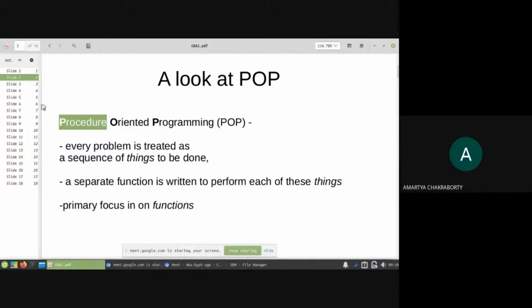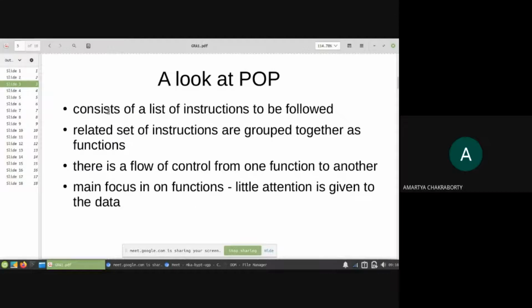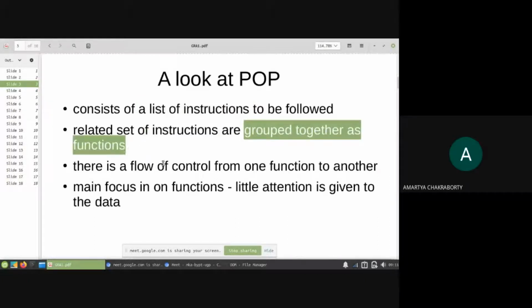So this is all about the basics of procedure-oriented programming. If we try to sum up, it gives us a list of instructions that we have to follow word by word, and the related set of instructions are grouped together as functions. Let's say I have a set of 10 instructions that help me find out the compound interest for a given principal, rate and time.